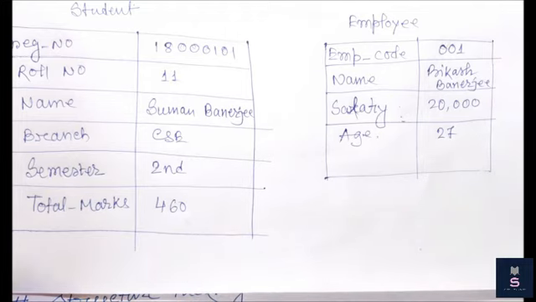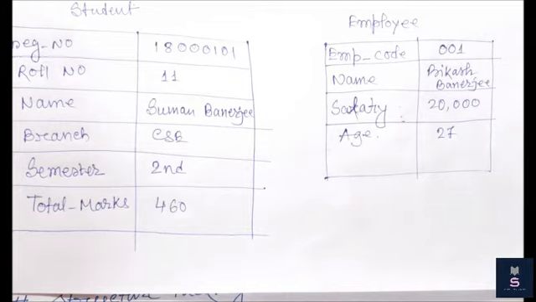Similarly, if I want to store more than one student's information, every time we have to define each of the variables for each single student. Similarly, consider another example of an employee: we have to do the same thing again and again for 100 employees also.